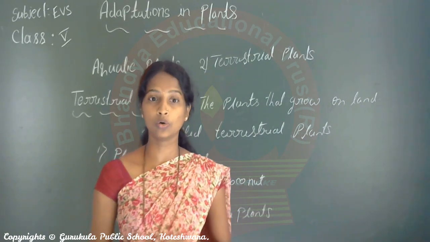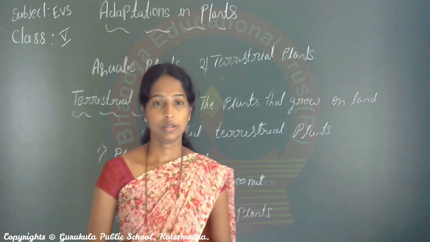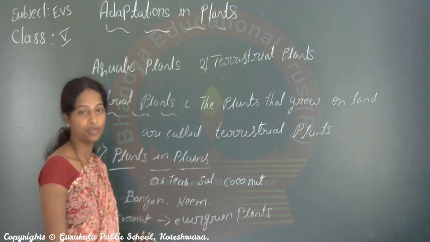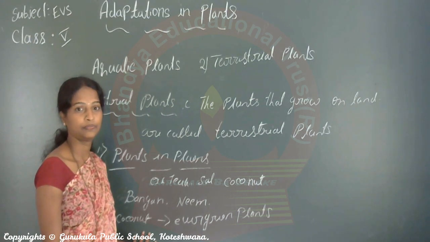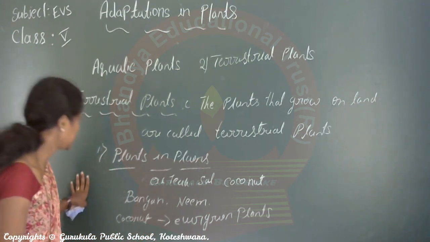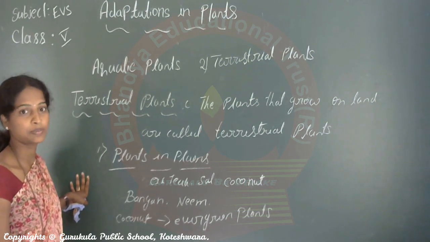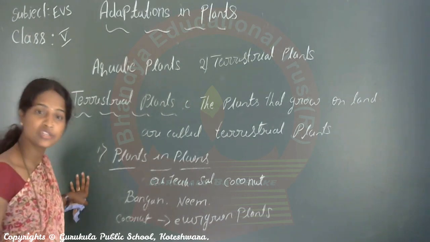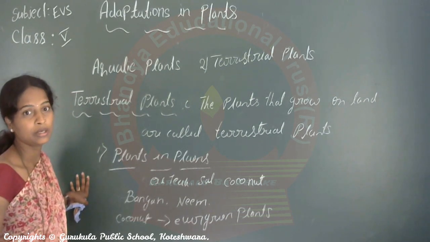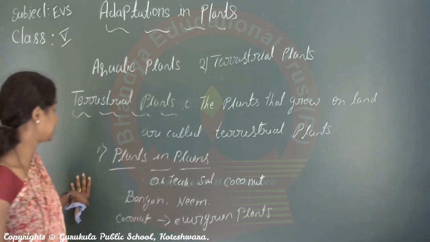For example, coconut. Have you seen that? It does not shed its leaves in winter. See, in plains we can find different types of plants. One is deciduous plants and the second is evergreen plants.